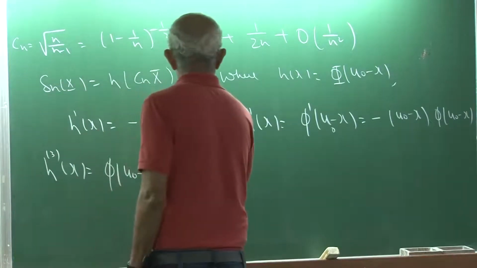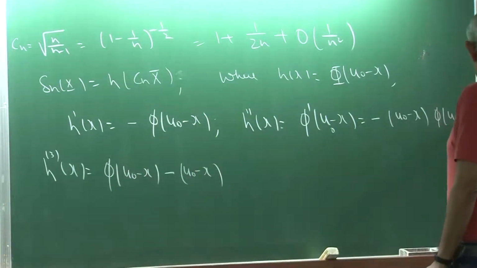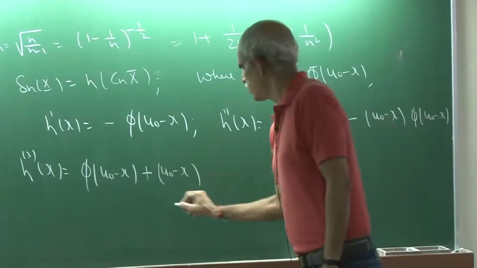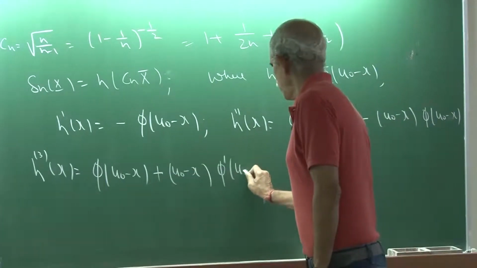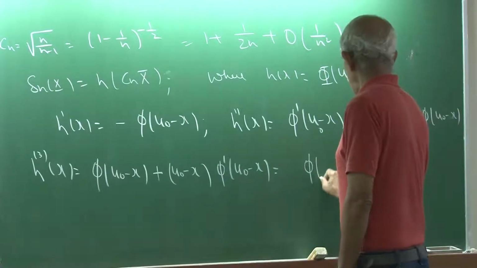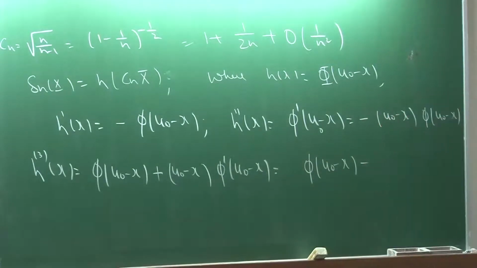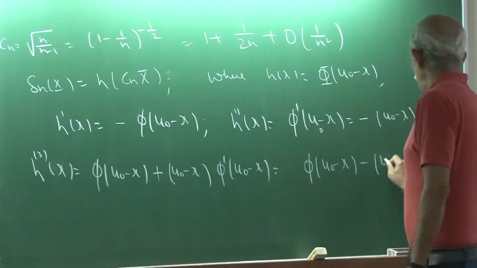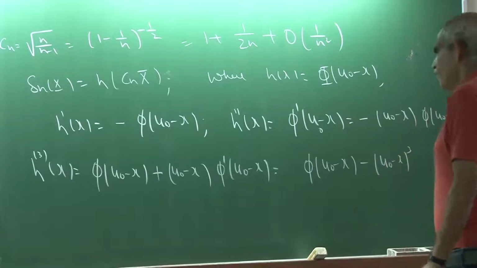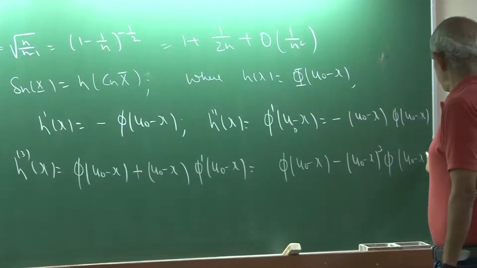Then minus (u naught minus x) phi prime of (u naught minus x), but the derivative of x with this will give you phi prime of (u naught minus x), which is nothing but phi of (u naught minus x) minus phi prime of (u naught minus x), which is the same as again minus phi of (u naught minus x), so minus (u naught minus x) whole cube phi of (u naught minus x).